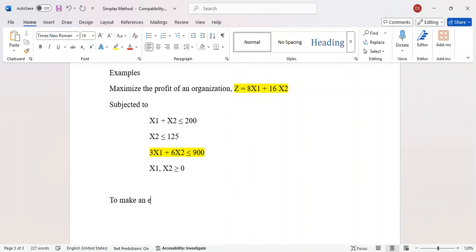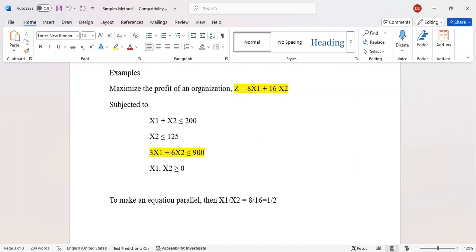To make an equation parallel, the x1 and x2 coefficients of the objective function are 8 and 16. The coefficients need to be divided, and that is 1 by 2.